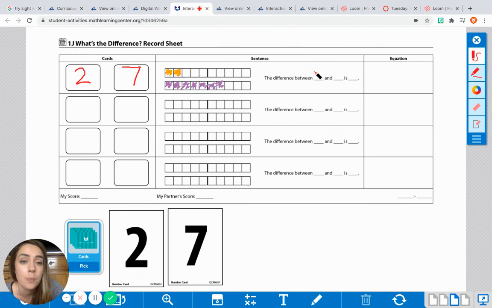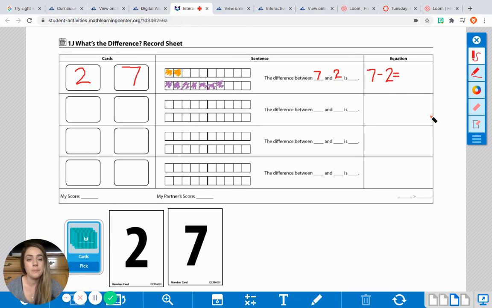So I'm going to plug in my bigger number first, 7. The difference between 7 and 2 is, and then if I were to write that as an equation, it would look like this: 7 minus 2 equals. So same thing.